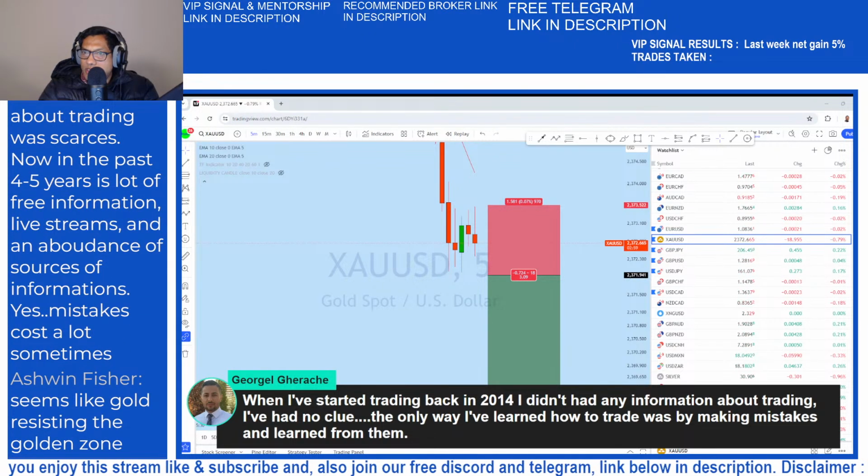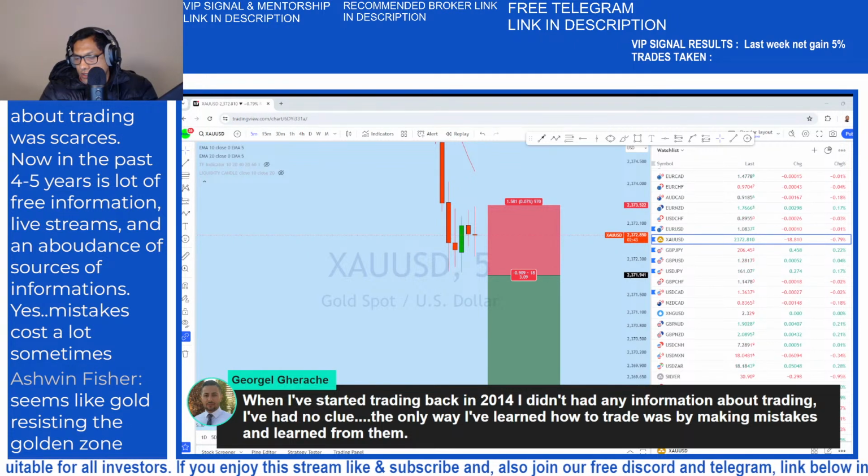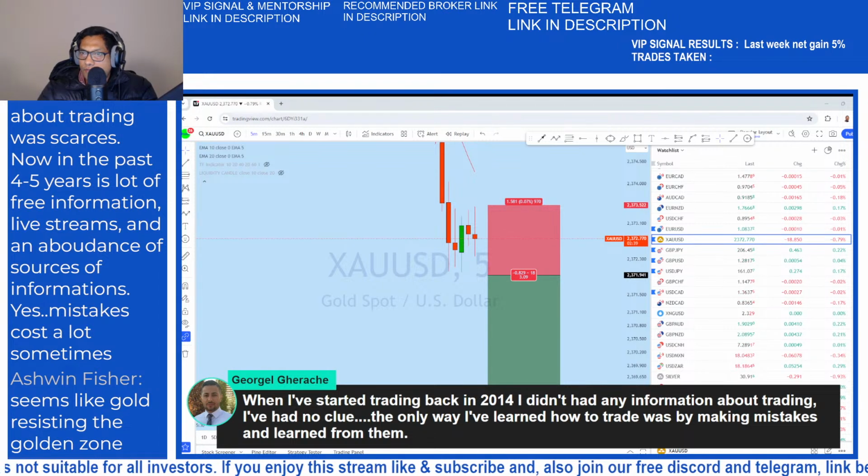3 to 1 reward to risk. It's very important that you keep in mind to do proper risk management, which is very important when you are trading. Short pending order: 2371.94 is my entry.